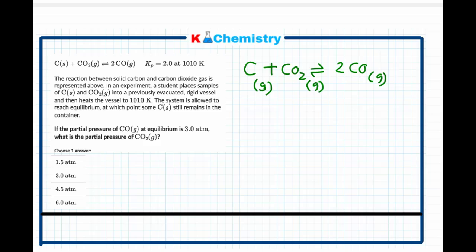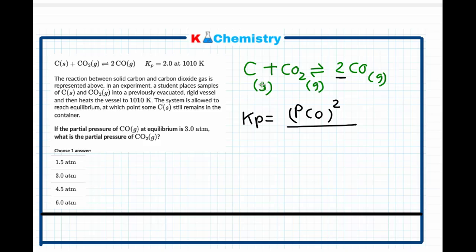So to find the partial pressure, we first use the balanced equation to write out our expression. The expression is Kp is equal to the pressure of the product, which is PCO, and this is to the power 2 because the coefficient is 2, divided by the pressure of, do we use the carbon? No, we don't use the carbon because the carbon is solid here.